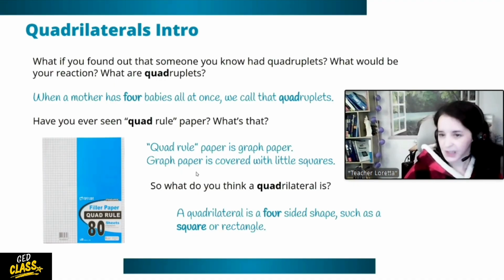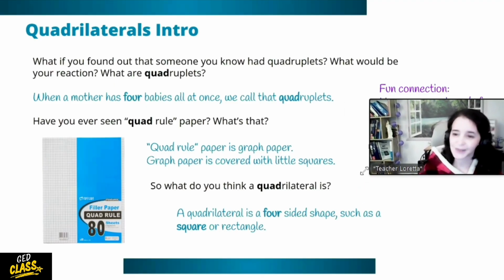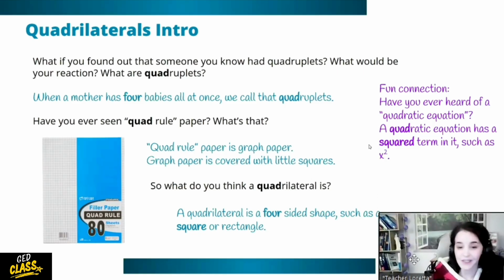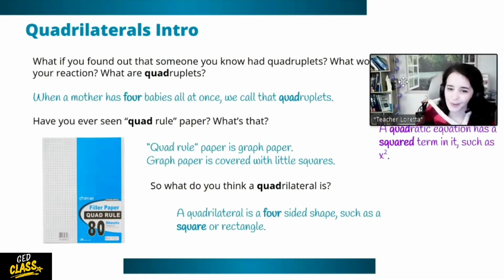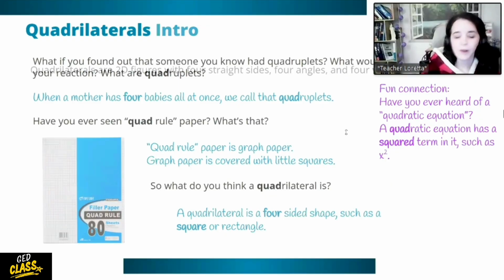If you've ever heard of a quadratic equation, it has a squared term in it. That's why it's called a quadratic, because it has something that is squared in it. Aha, square, quad. Okay. Now, quadrilaterals are 2-dimensional figures with 4 straight sides, 4 angles, and 4 vertices.